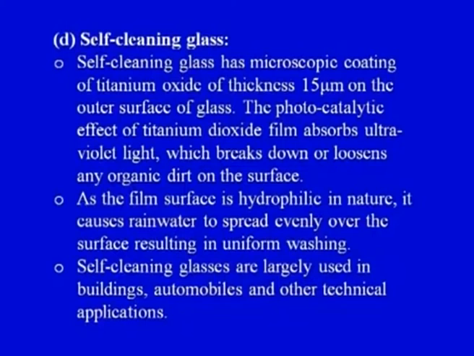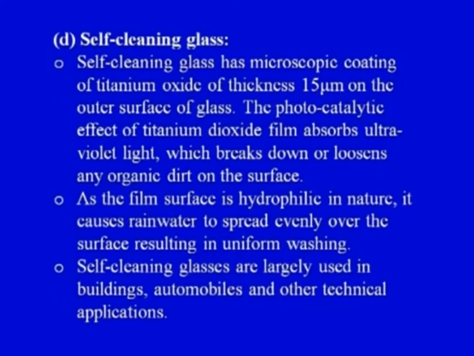Now, we can just revise or look at this particular slide again, to see what is the basic mechanism of cleaning action in case of a self cleaning glass. A self cleaning glass has a microscopic coating of titanium oxide. The thickness of the coating is 15 micron on the outer surface of the glass. The photocatalytic effect of titanium oxide film absorbs ultraviolet light and which breaks down or loosens any organic dirt on the surface.